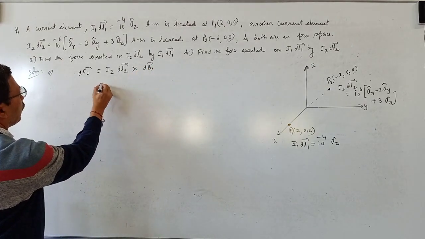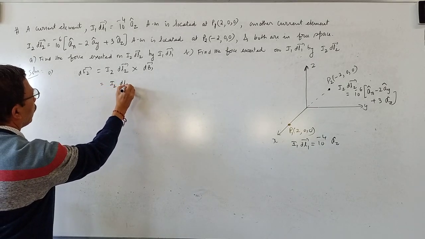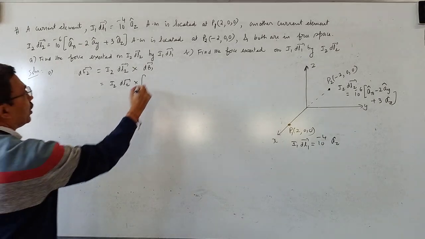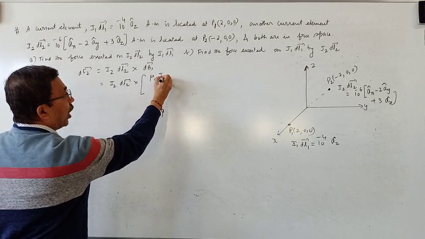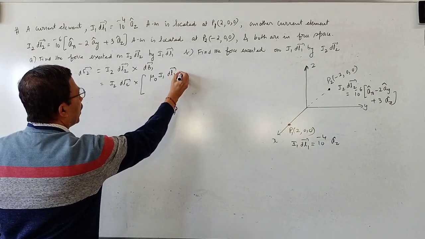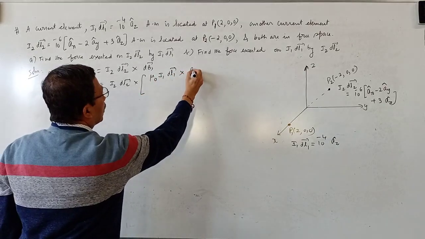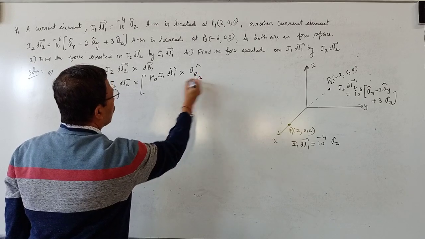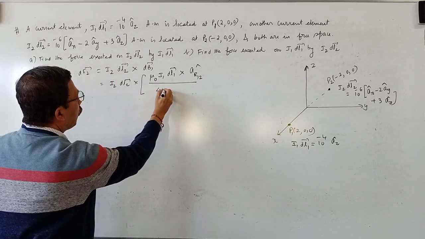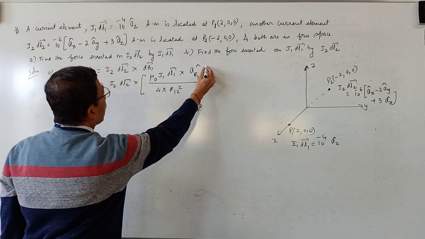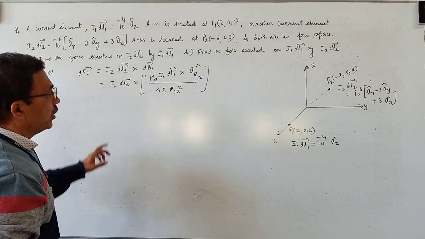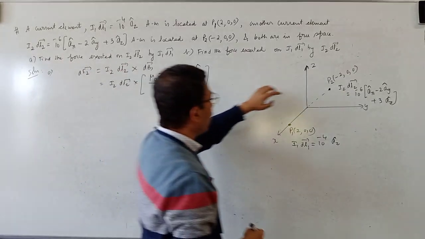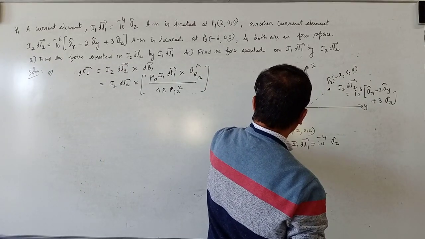Now what is the expression for vector dB1 in accordance with Biot-Savart's law? It is nothing but mu naught into I1 vector dl1 cross unit vector ar12 cap divided by 4 pi r12 square. Vector dB1 is the magnetic field produced at this location by this element.